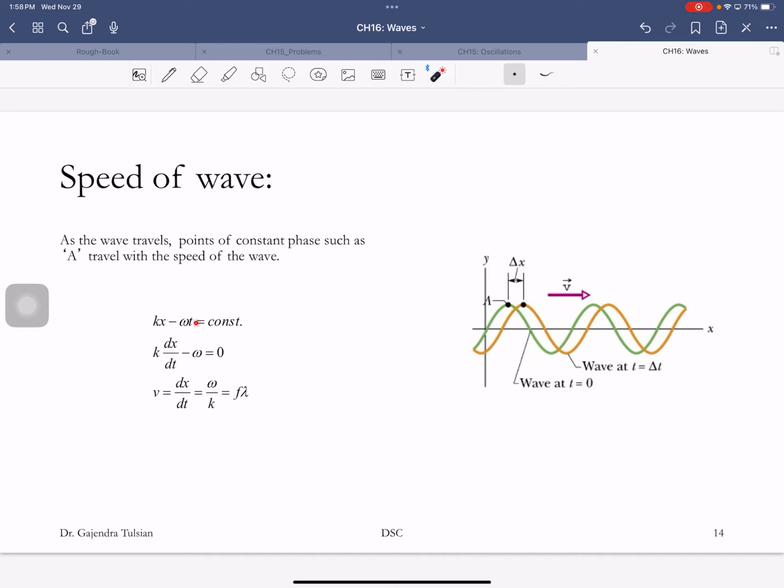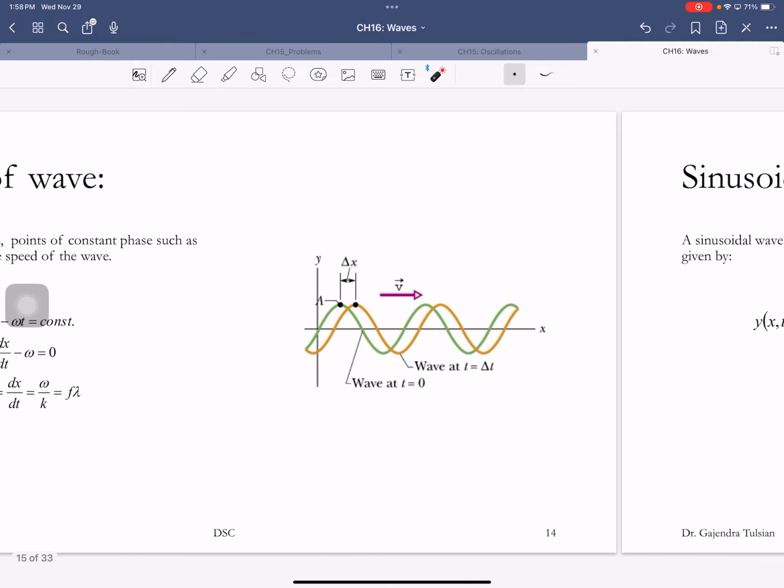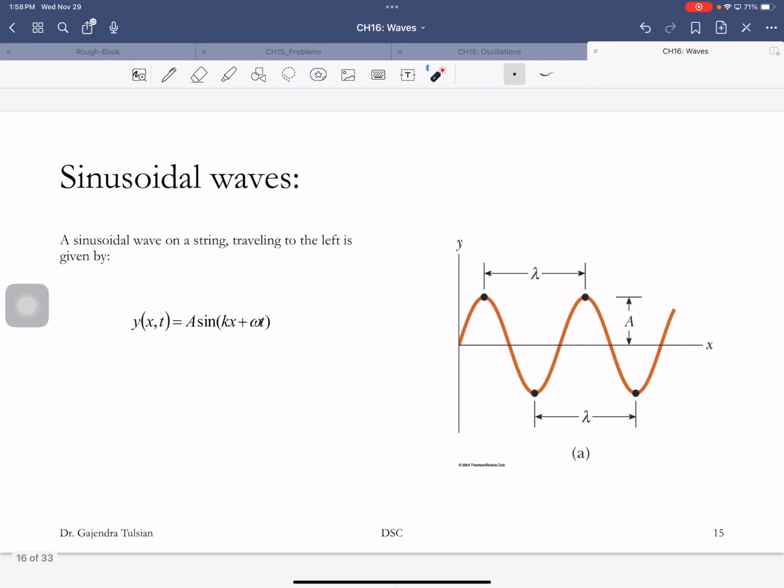So this is constant, and you take the time derivative of that, and the velocity of the wave is frequency times the wavelength. Now this formula is true for all waves. We're talking about general properties of these waves. So you guys are already experts now.